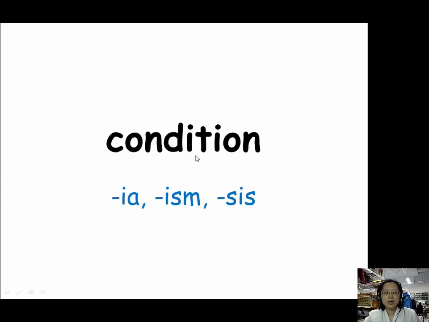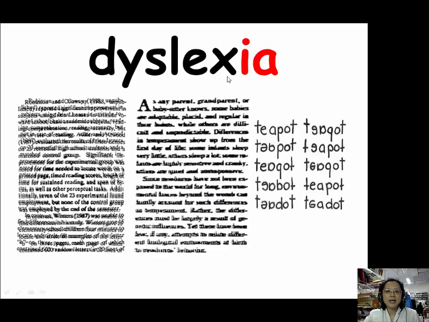When we are going to talk about a condition, we have three suffixes to use: IA, ISM, and SIS. Let's see our example. For IA, our example is dyslexia. In dyslexia, the prefix dys means bad or non-functional, cannot do it.